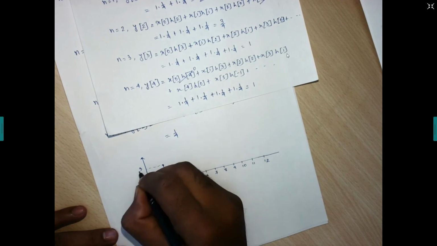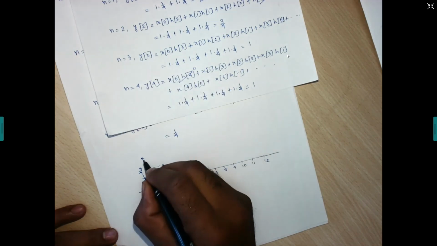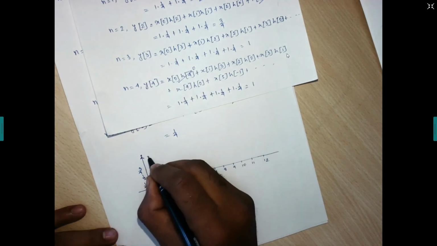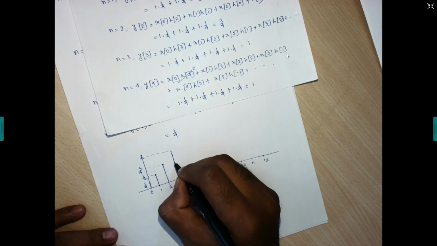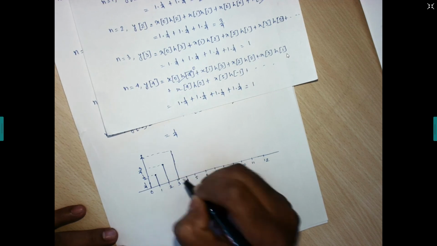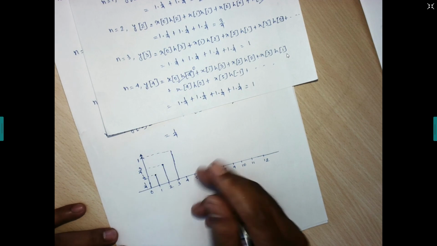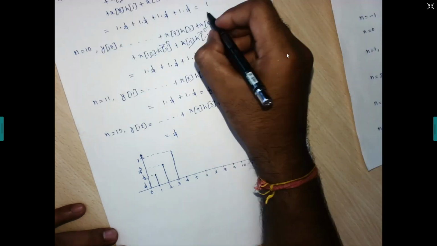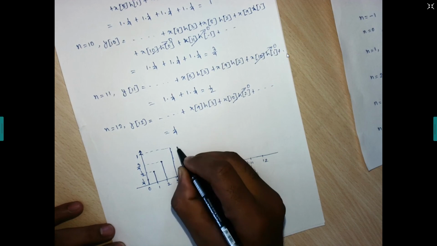So this one will be 3 by 4, and starting from 3 up to 9 we are having the amplitude of 1. All the samples, starting from 3 and going up to 9, are having the amplitude of 1.